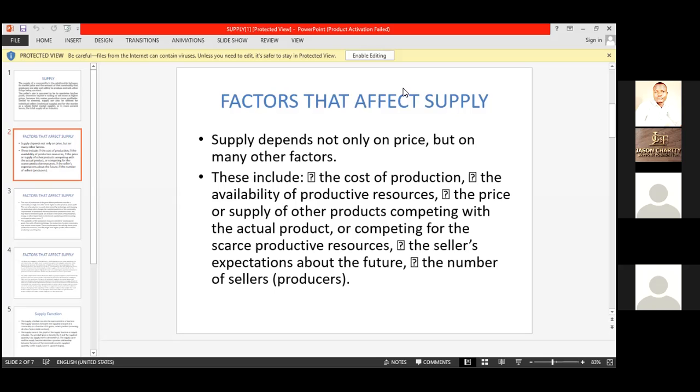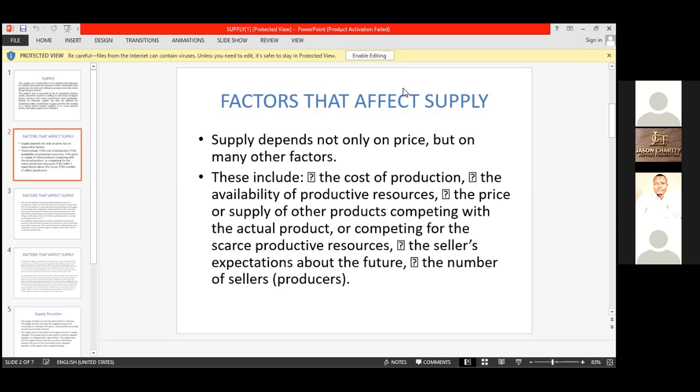Now, there are some other factors that also affect the supply of goods, apart from the price of that particular product. This includes the cost of production.